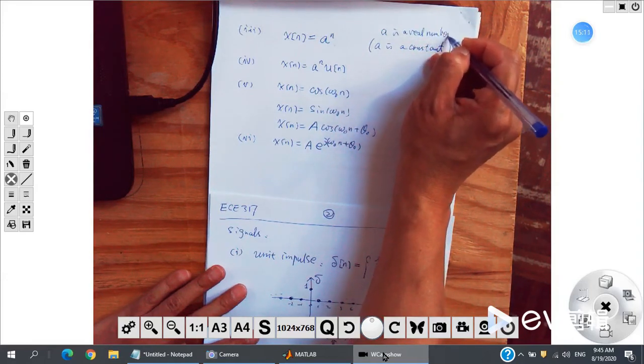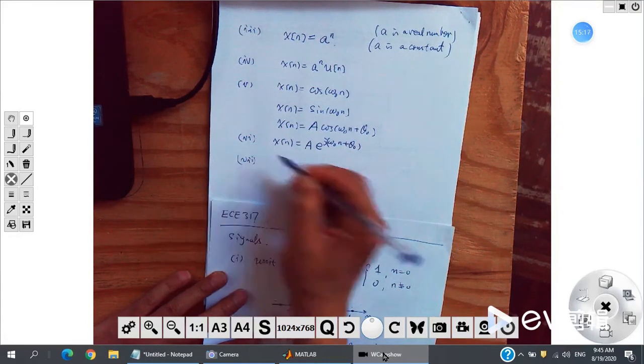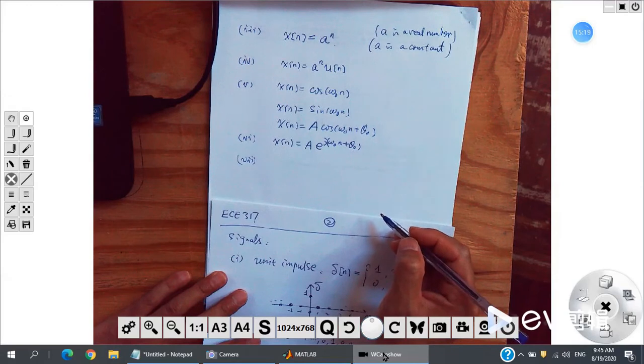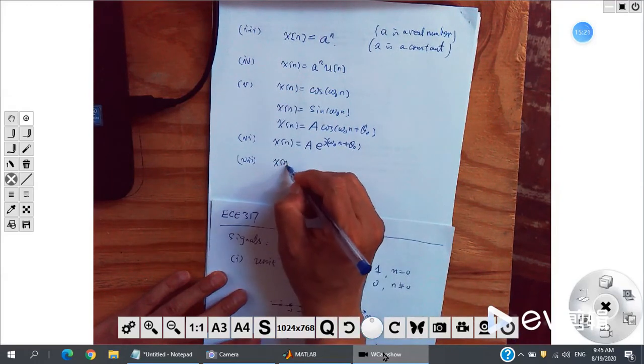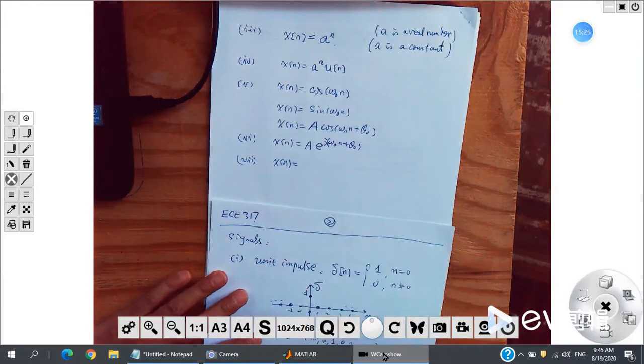And this is the seventh signal, x of n. Now I will say A is a complex number.